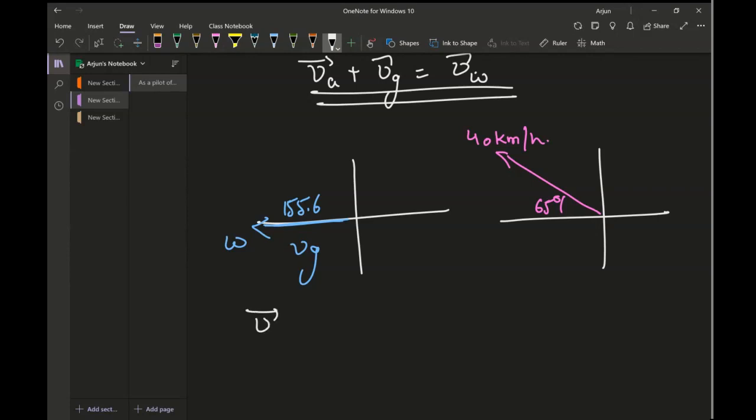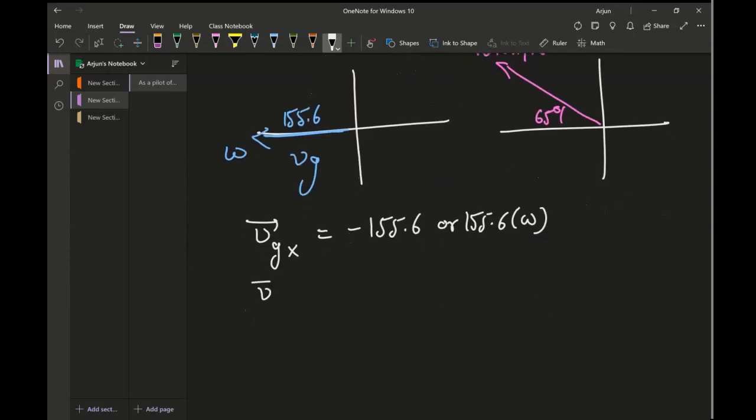So this VGX value will be negative 155.6, or I can write it as 155.6 in west direction. And then VGY value will be 0 because there is nothing in the y direction for this vector.